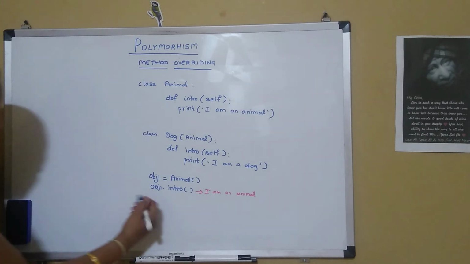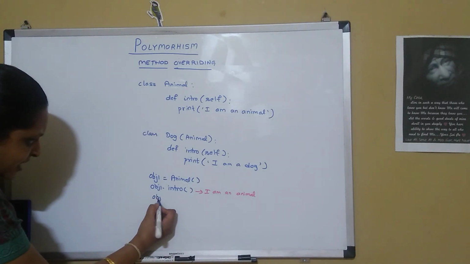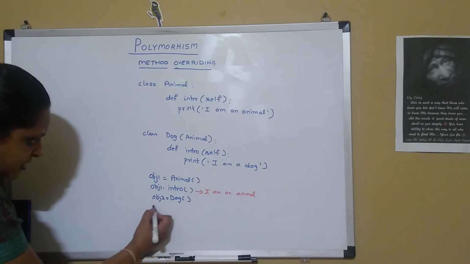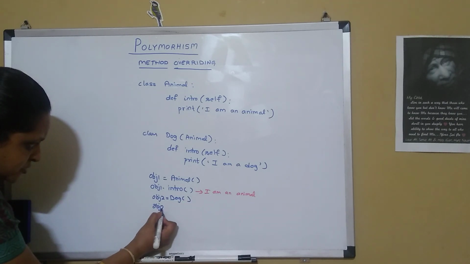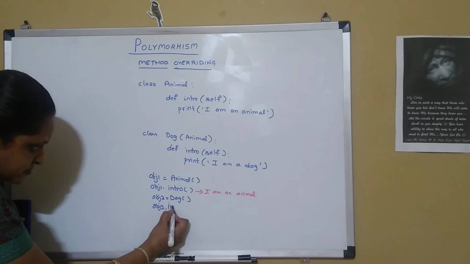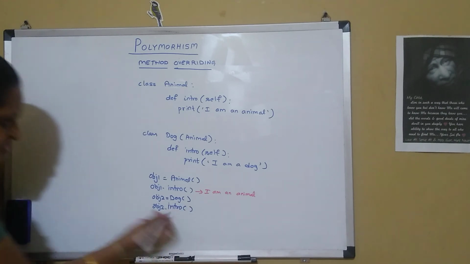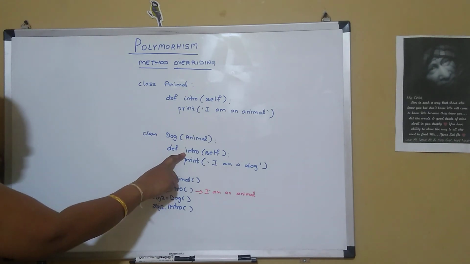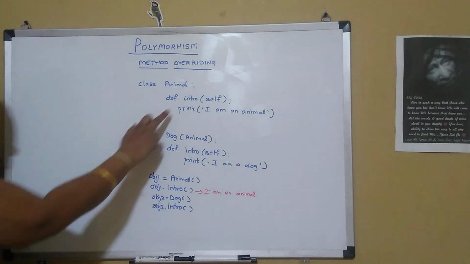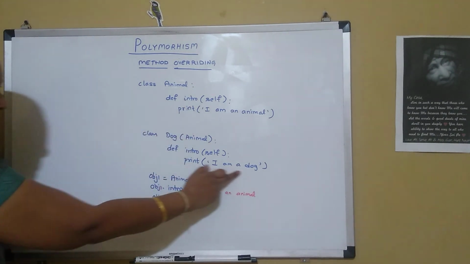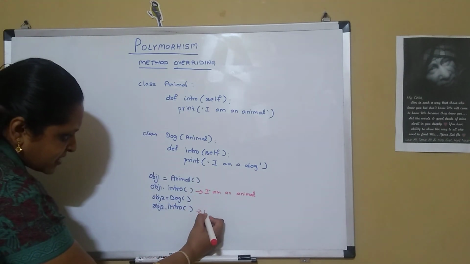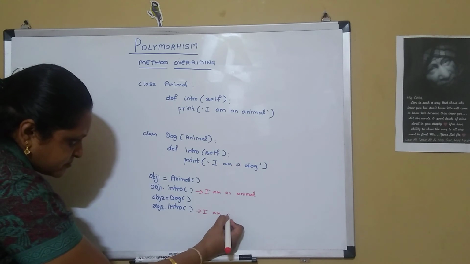And now if I create an object for the derived class, that is obj2 equal to Dog, and call obj2.intro, since it is an object of the derived class, the method intro has been overridden with a different implementation. So in this case, it will print I am a dog.